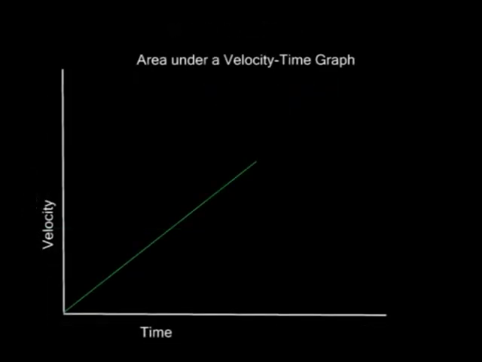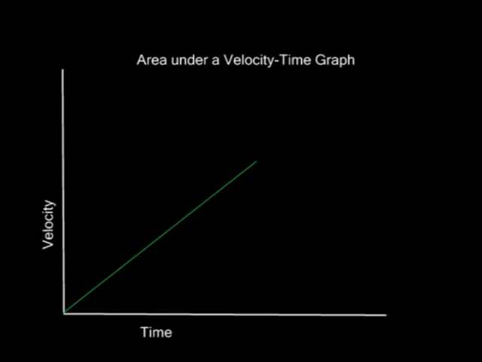An important thing to note is the area under a velocity time graph. Now, consider a body starting from rest and moving with a constant acceleration for time t seconds. The velocity time graph for the body is shown on your screen.